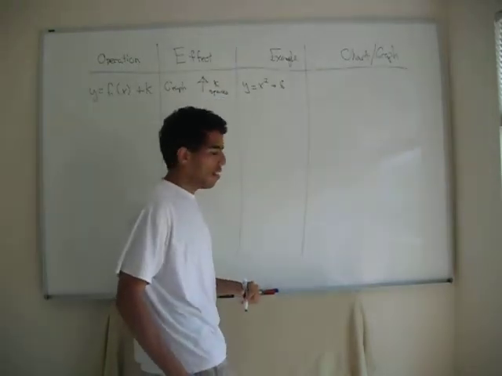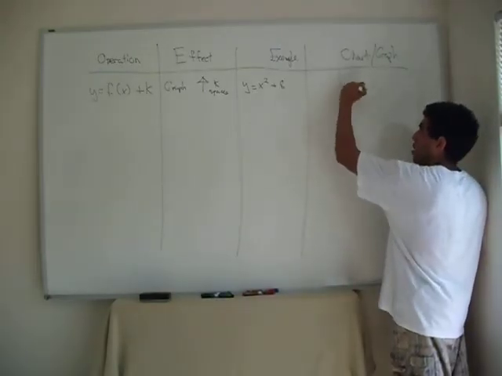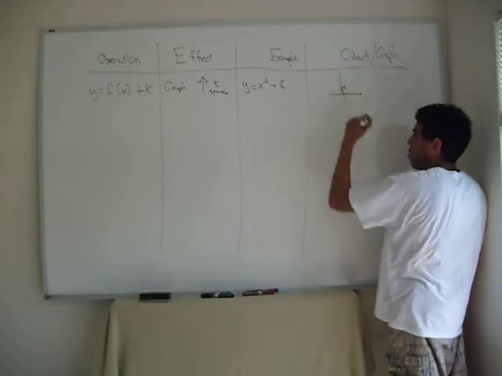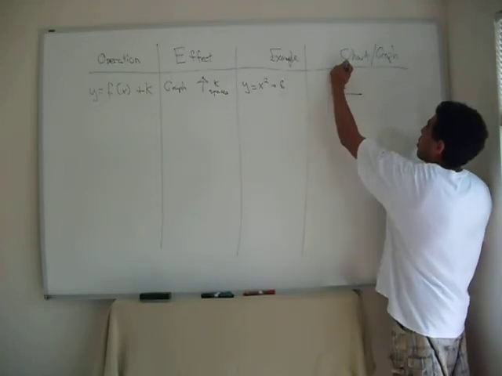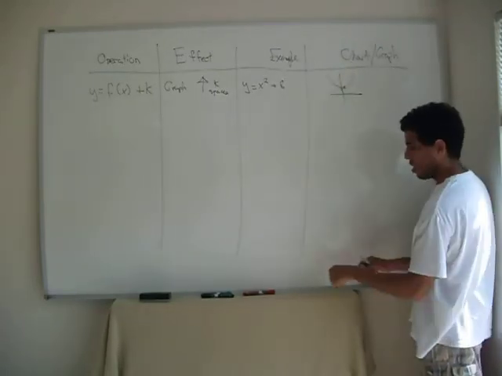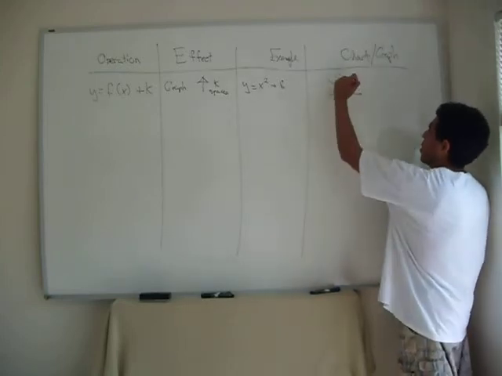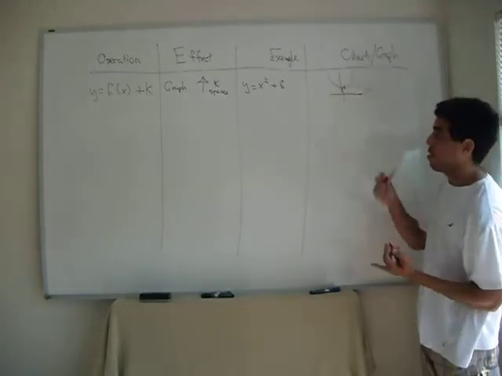So the graph is going to look, here's a little axis, 1, 2, 3, 4, 5, 6, 7, 8. It moves up 8 spaces. This distance right here is k equals 8, in this particular example.